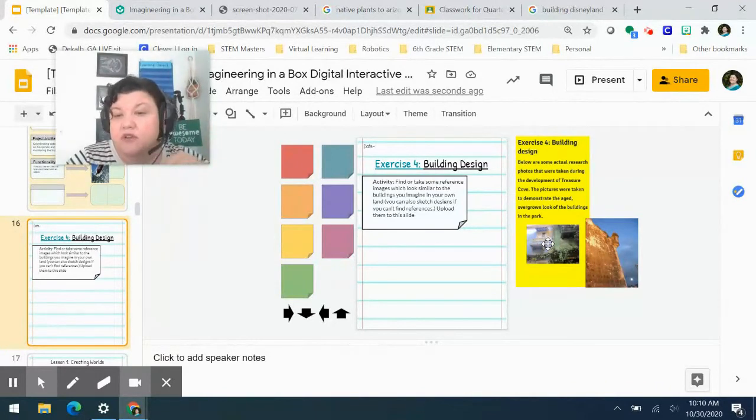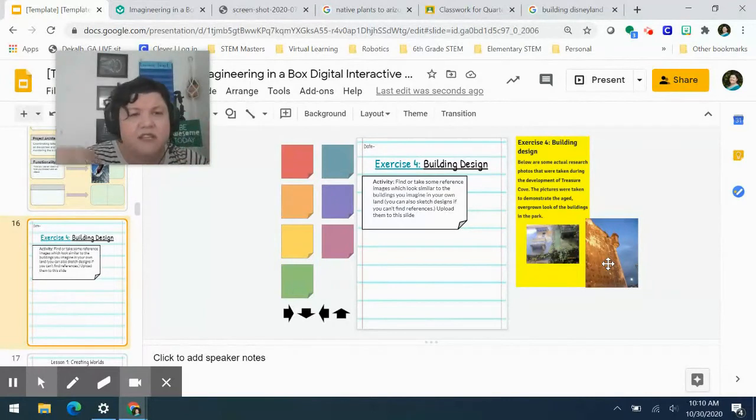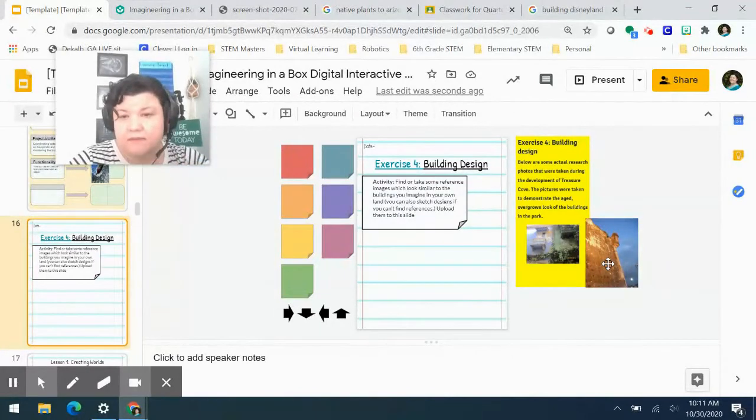They went to source images. They actually went somewhere. They looked at very historic areas that give the idea of history. Or if you're looking at a futuristic theme, I want you to look at some images that talk about futuristic design process and design thinking for that.